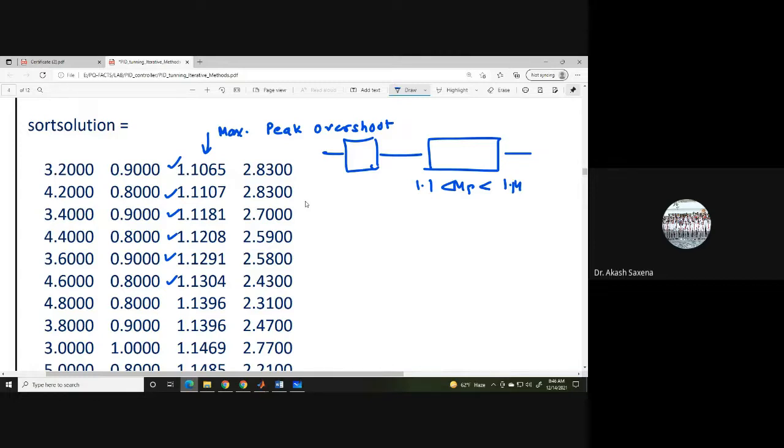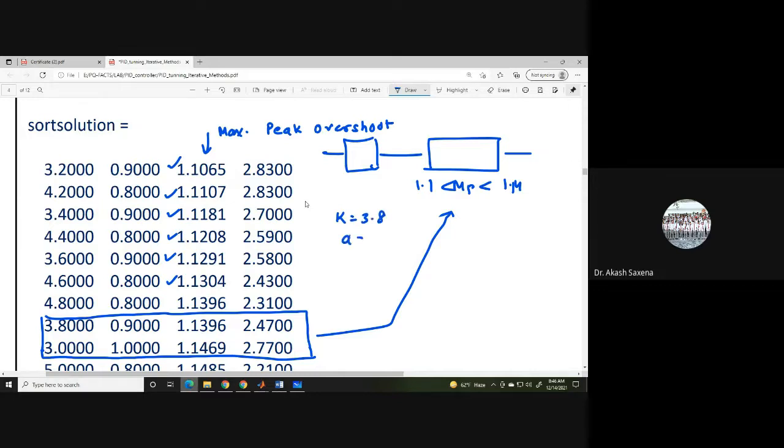So you will be having these two solutions actually. These two solutions you will pick, and this is meeting your design criteria. So you will put the value of k equal to 3.8, and the value of a equal to 0.9, and you will be able to get maximum peak overshoot 1.1396.